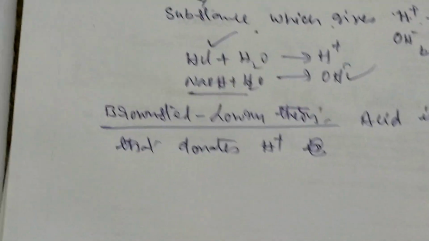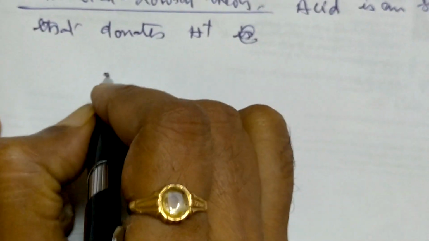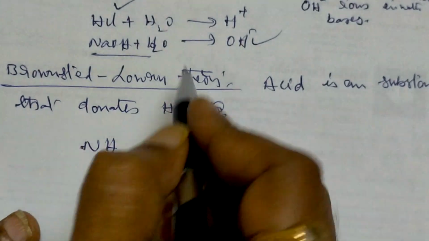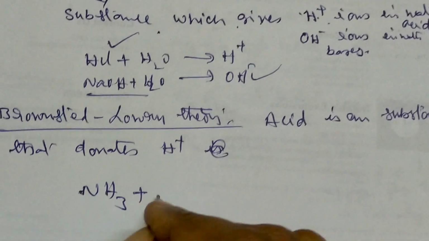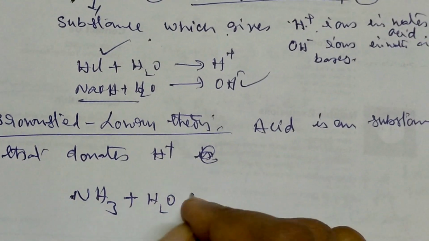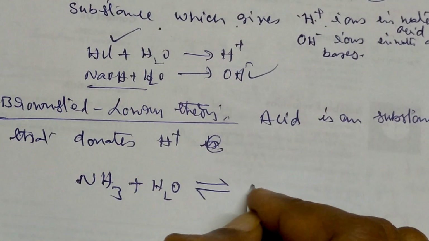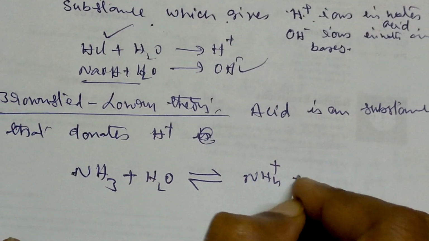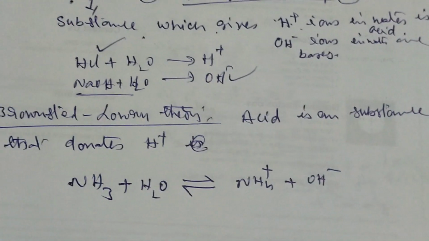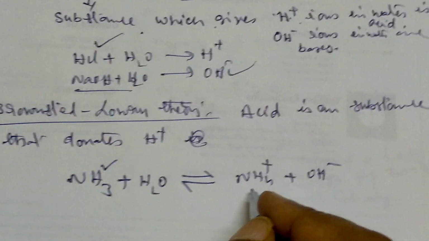So as per him, take ammonia. As per Arrhenius, in water it is not giving OH ions or anything. Whereas here, if ammonia is added to water, it is in equilibrium with ammonium ion and OH minus ion. So here ammonia is a base.